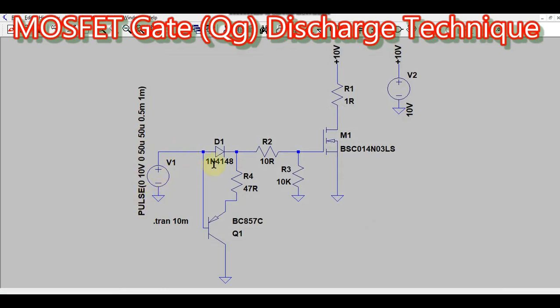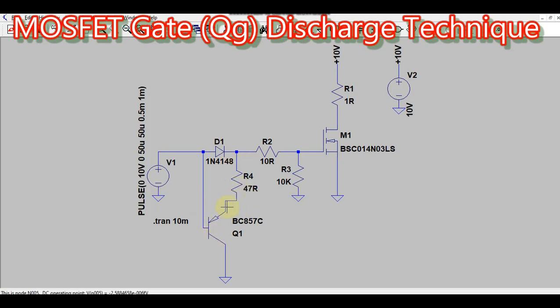Then after that I have used one diode here, then one resistor, and this is the pull down resistor for the MOSFET gate. Okay, and this is another PNP transistor, which is connected likewise.